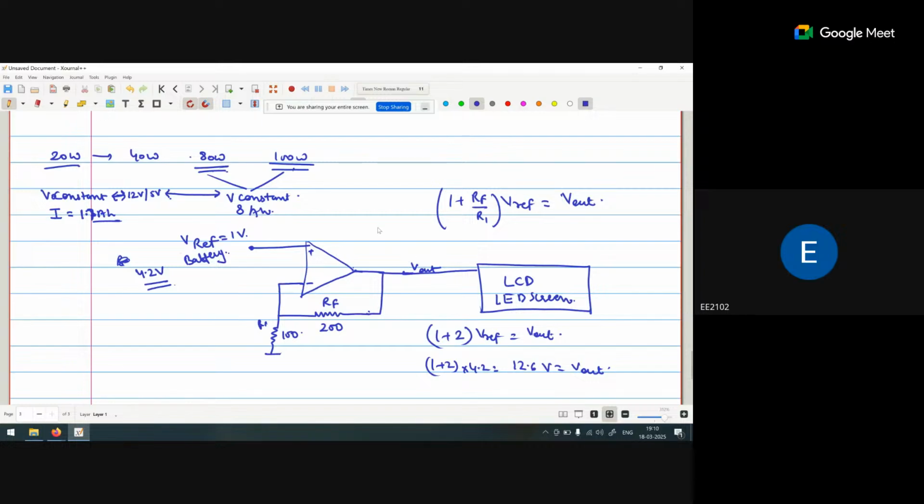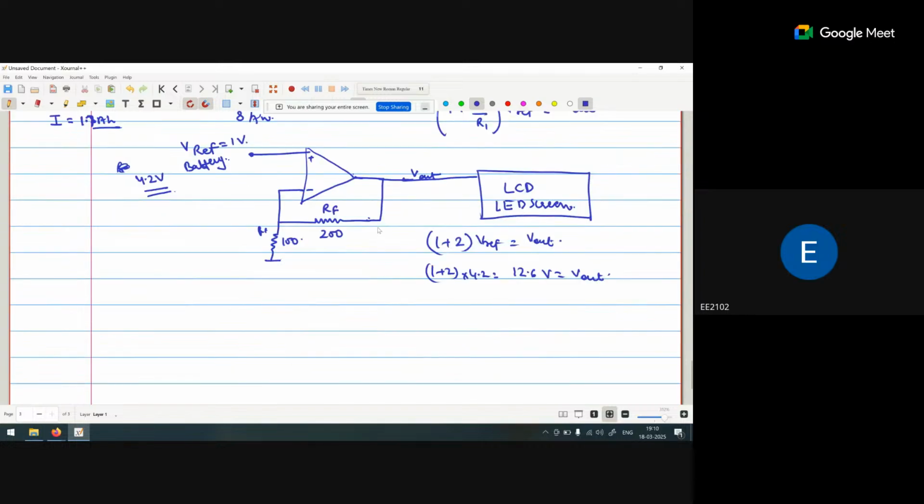For 4.2 volt V bat, we are getting V out of 12.6 volt. If we take 4.1, it is 12.3 volt. If it is 4 volt, it is 12 volt. If it is 3.9, we have 11.7 volt.